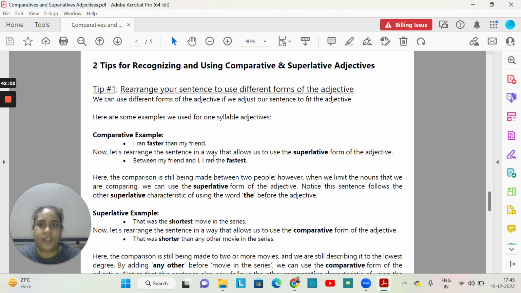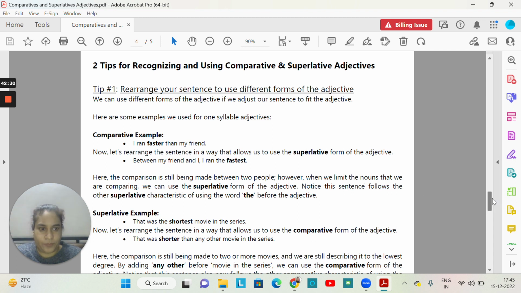Now let's rearrange the sentence in a way that allows us to use the superlative form of the adjective. That means this is a comparative example. Now the same sentence we are going to create for a superlative. Between my friend and I, I ran the fastest. You can also frame it this way. It is correct. Fine.